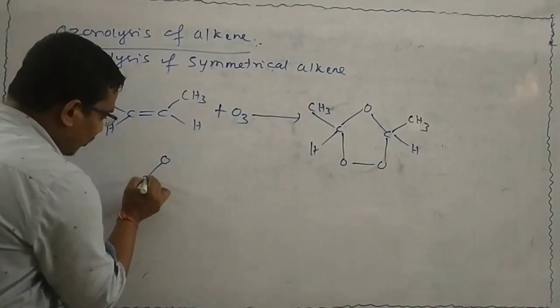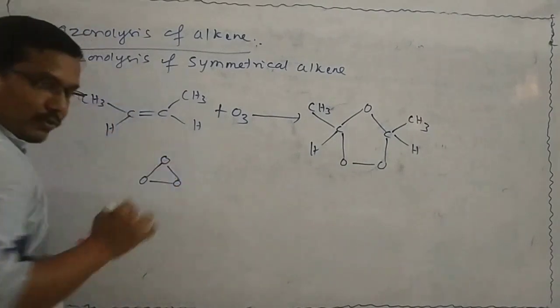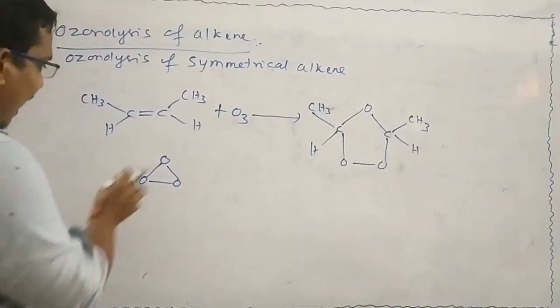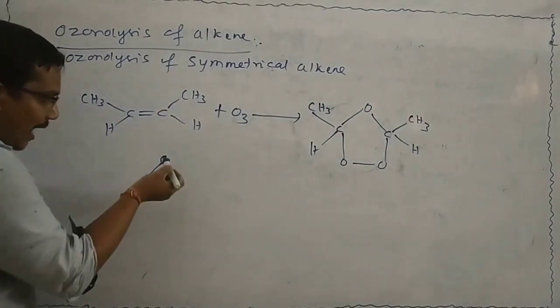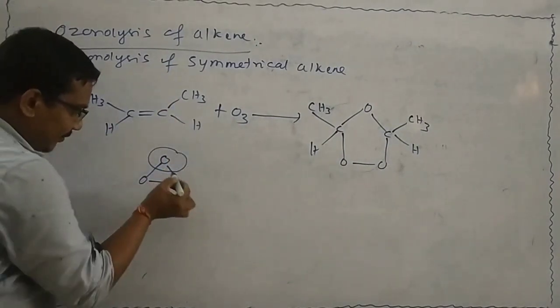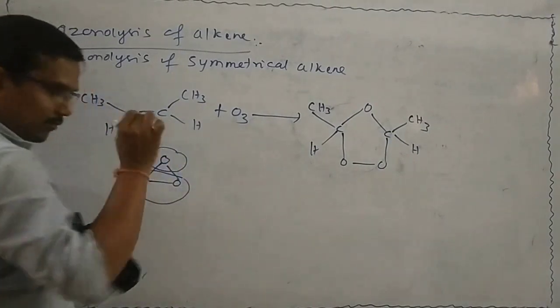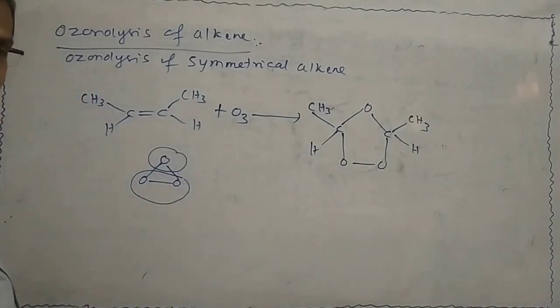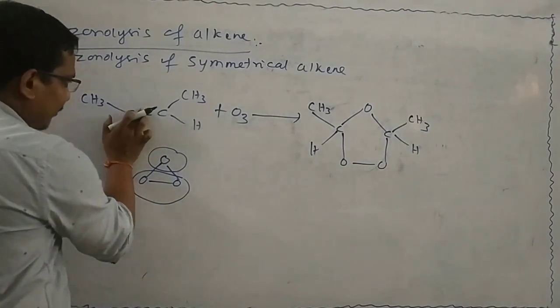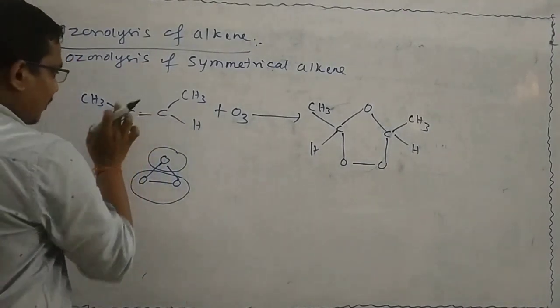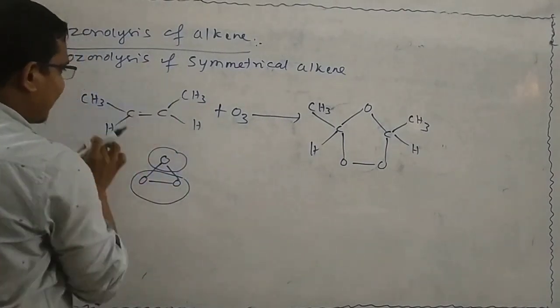Let me draw the structure of ozone. That is the structure of ozone. I will react this with this compound. Now I will divide like this. Yes or no? Now I will break a bond and this part I will attach it.